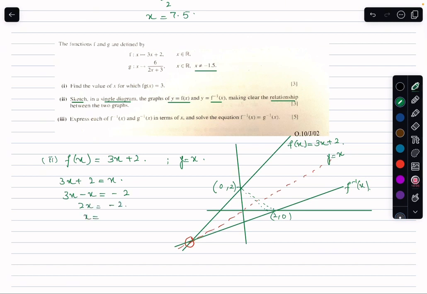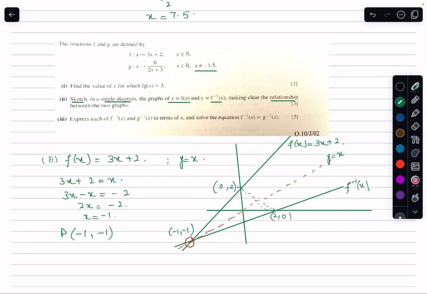Therefore x will be equal to negative 1, meaning the point of relationship between the function and the inverse is (negative 1, negative 1). So we have sketched the function and the inverse, and we have shown the relationship between the two graphs. So that is the answer.